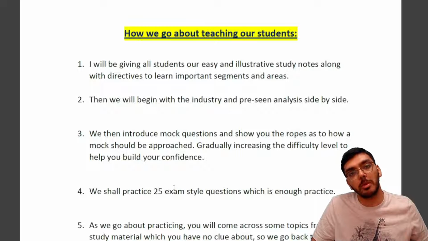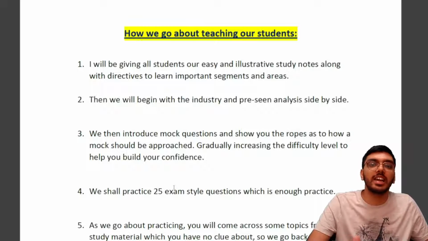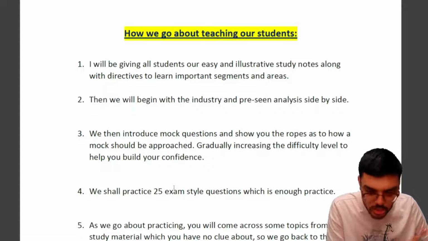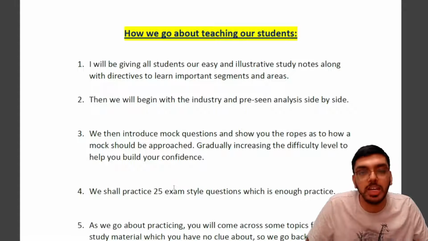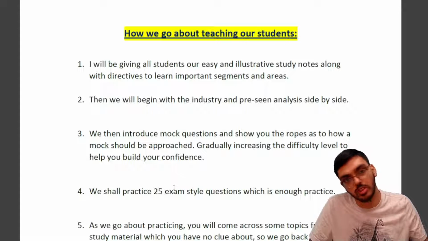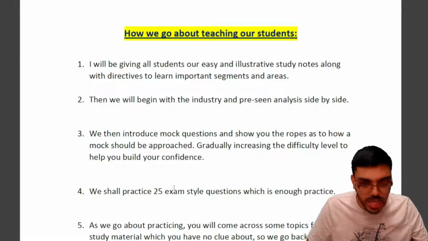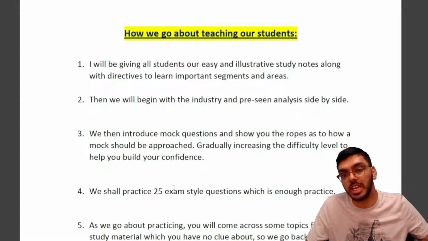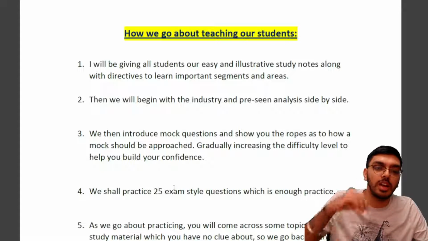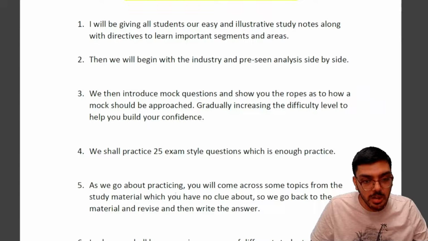So how do we go about teaching our students? The first thing, like I said, we'll help you focus on revision, and revision focus will be done by giving you our material, our explanations. Side by side, we start you on the industry and pre-seen analysis, again coming from us. Third, we introduce the mock questions for you, and we do 25 exam style mock questions in our full course.